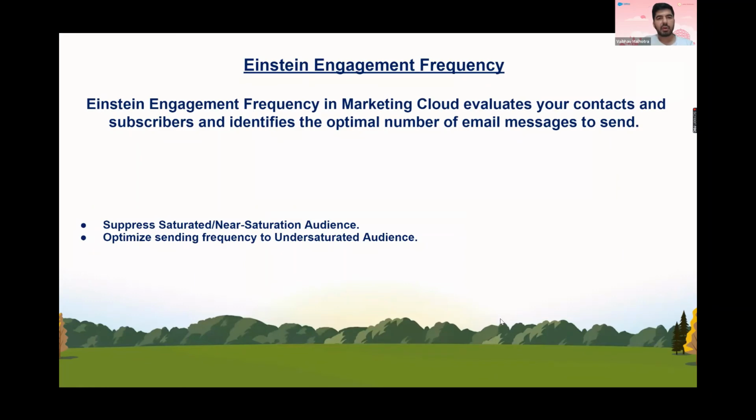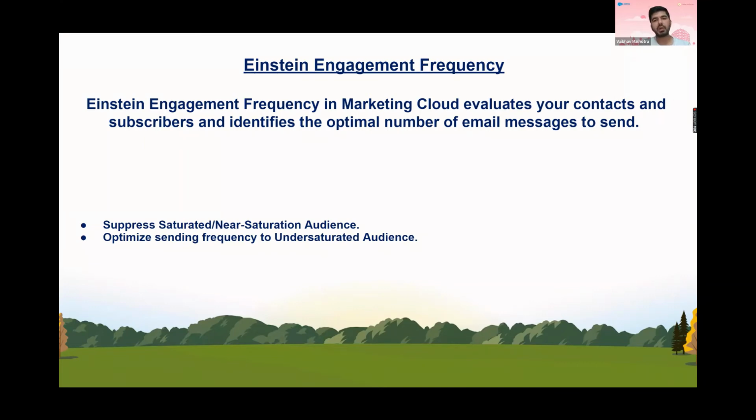Now we have Einstein engagement frequency. What it does for you is, suppose you have 40,000 odd records in your system. Some of the people you have been sending more than the prescribed number of emails to, and there are some records where you are engaging very little.